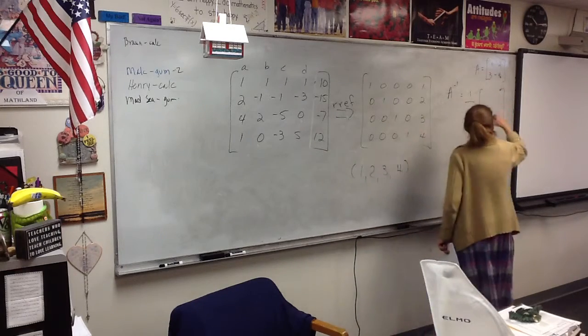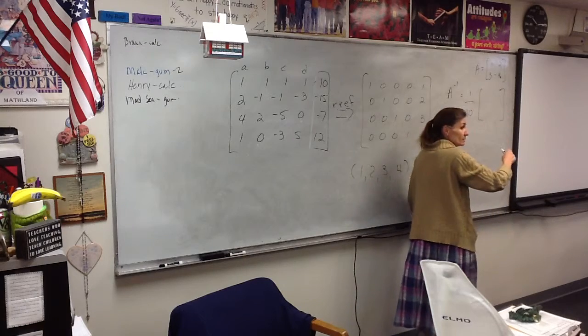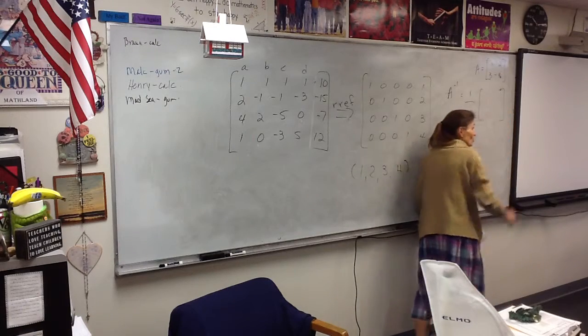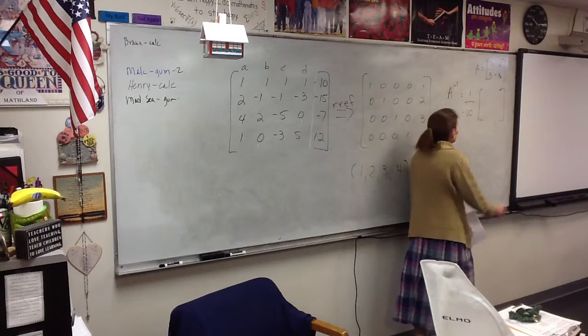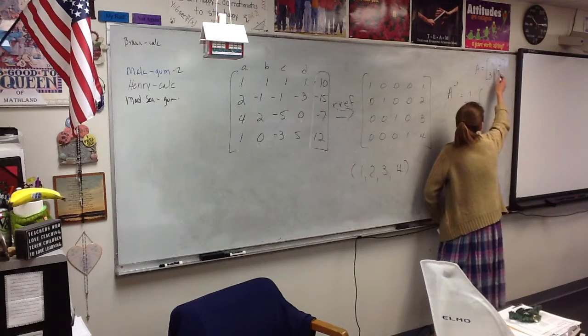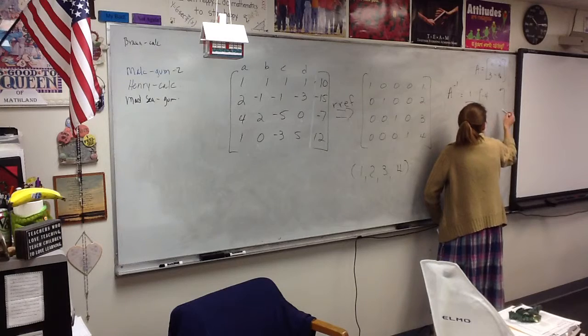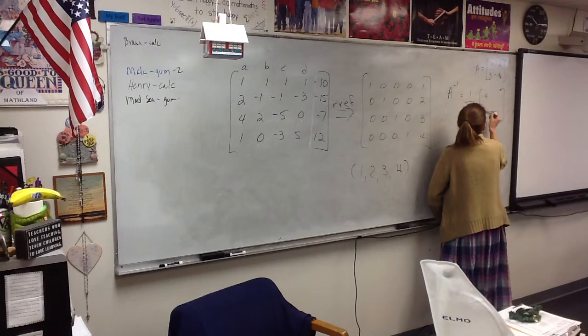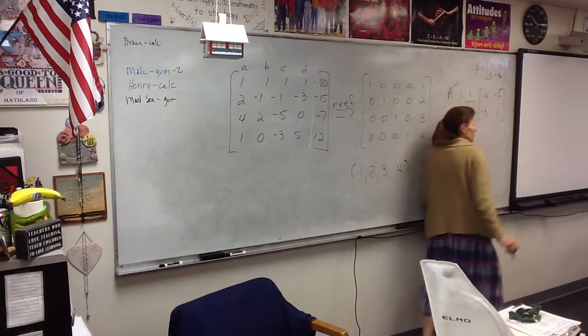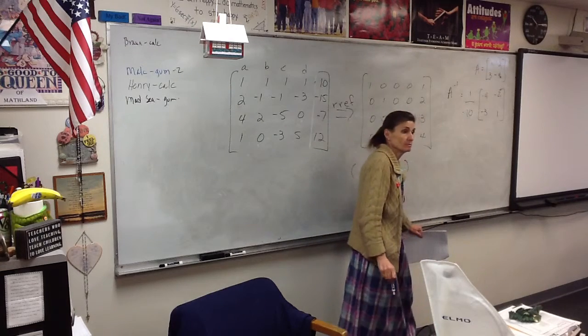Now, this new matrix you're going to build, what do we do there? We take these 2 guys and switch them. And these 2 are both positive, so they're going to become both negative.